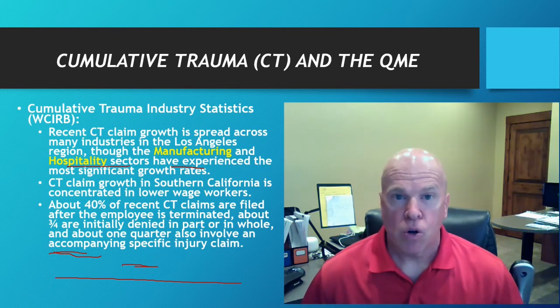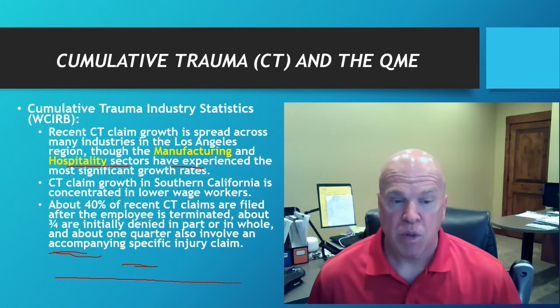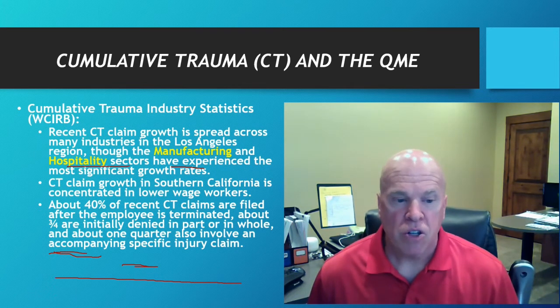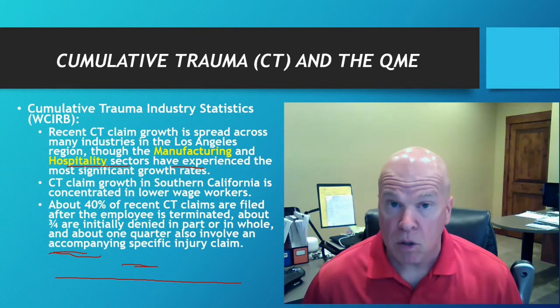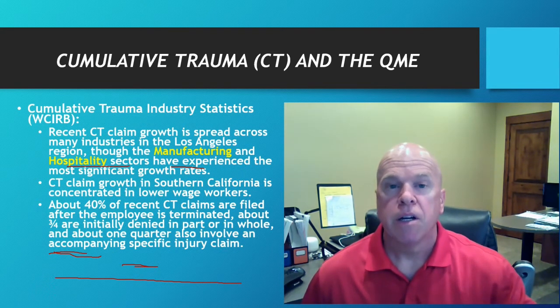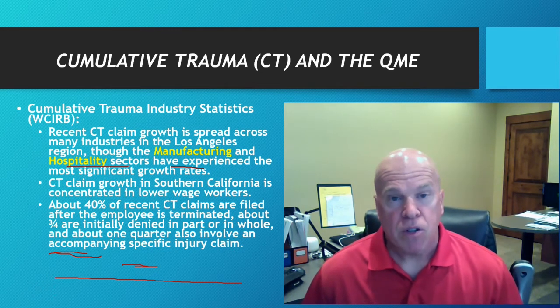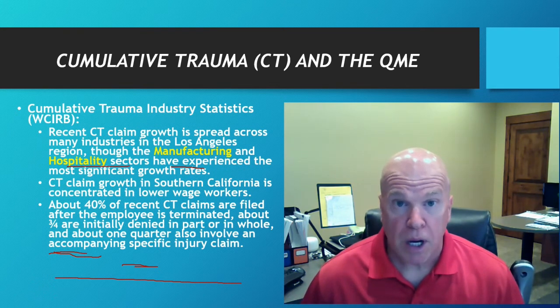And if there is no specific injury allegation, because the specific injury is barred by the statute of 1 year limitation, that tells us that 3/4 of these claims are generally filed more than 1 year after the separation of the employee from the employer.